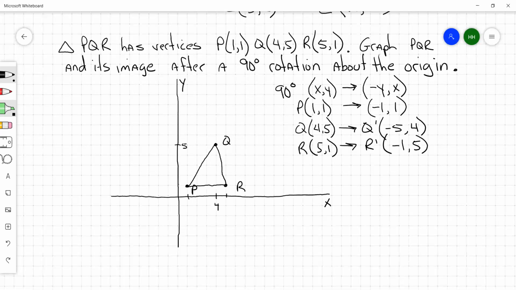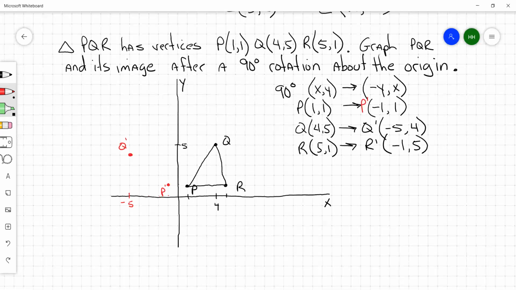All right. So then we're going to take those and plot them. As soon as I can get a red pen. There we go. Here's our P prime, negative 1, 1. There we go. Q prime, negative 5, 4. 1, 2, 3, 4. Here's negative 5. Here's 4. That is our Q prime.